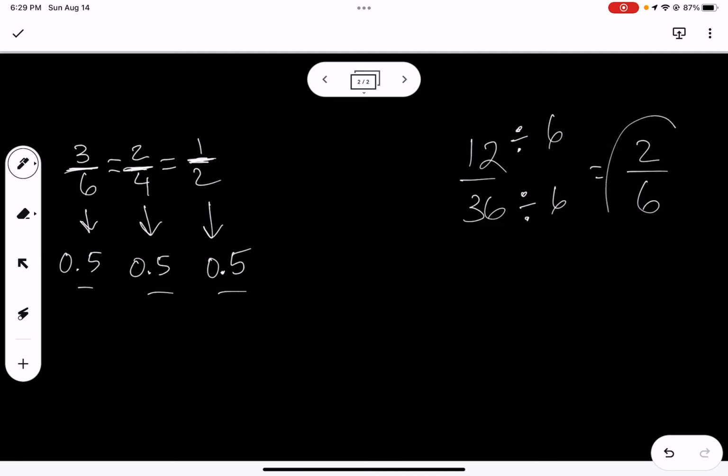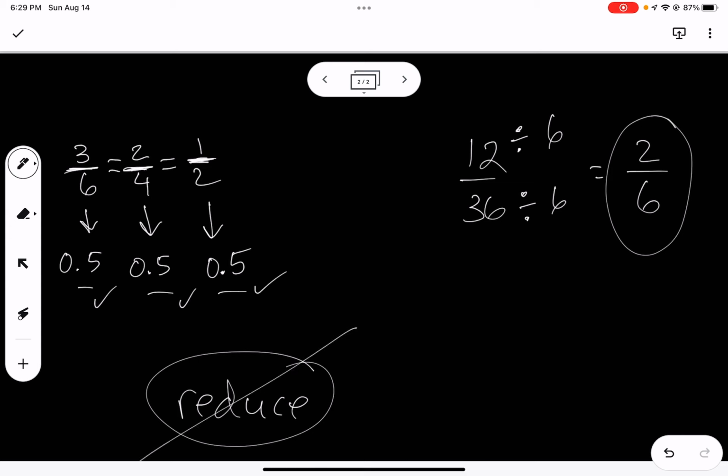Hopefully here, since you have something that looks smaller, and I'm saying looks smaller because really we just established that if these are equivalent fractions, these values are the same. So I don't want anybody to say anymore that we are reducing these fractions, because we're not reducing them. We're not changing their values.